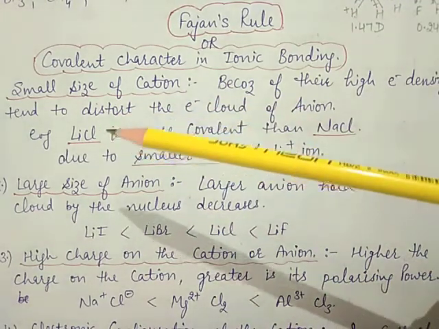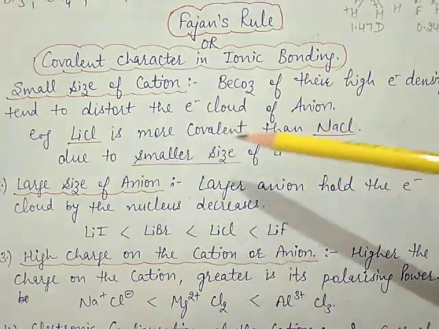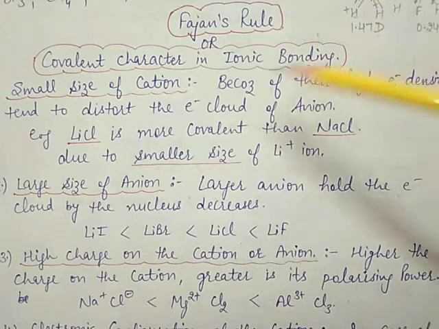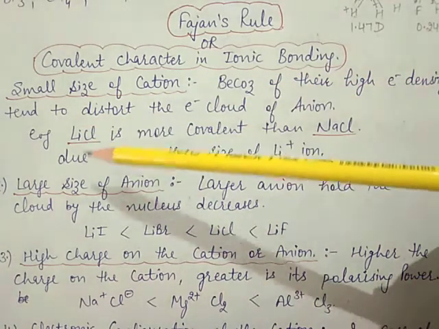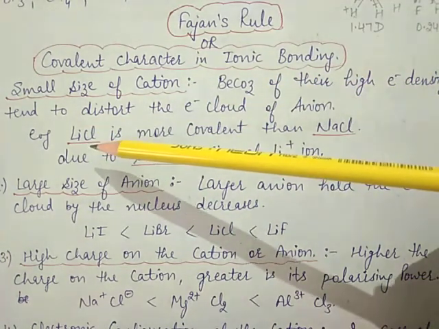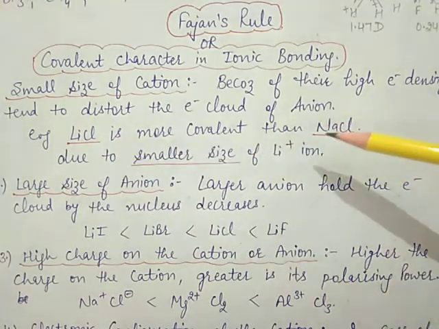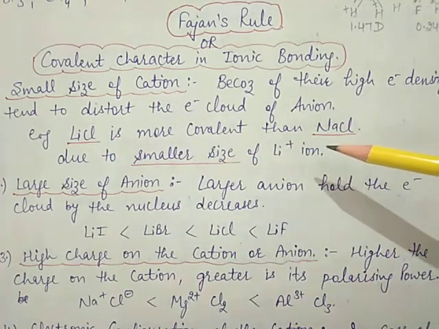Here we take the example. LiCl is more covalent than NaCl because the lithium ion has a small size as compared to the sodium ion.